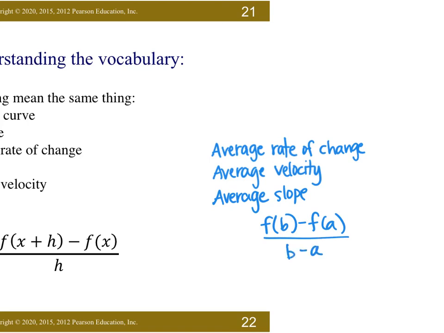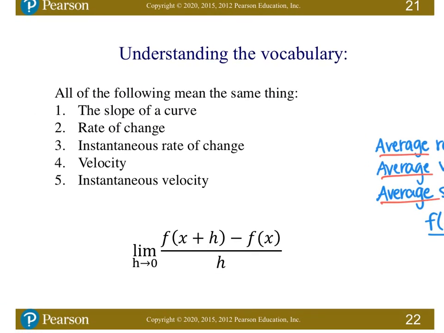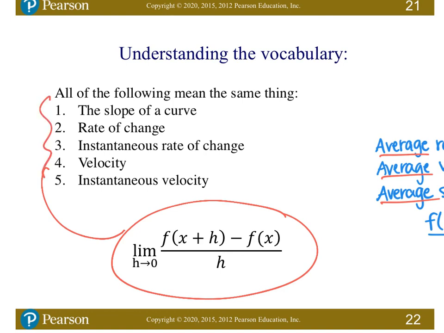But it's only the word average that clues you in to that. Otherwise, you're going to always use the limit definition for all 5 of those phrasings. So a lot of calculus is understanding what you're being asked for, because you can be asked for it in 5 different ways, but it's always the same kind of math that would be used to answer those questions.